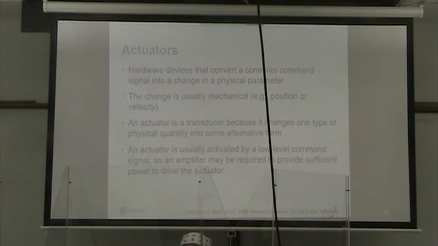An actuator is a transducer because we're changing a physical quantity into an alternative form. So an actuator is usually activated by a low-level command signal, so an amplifier may be required to provide sufficient power to drive the actuator.